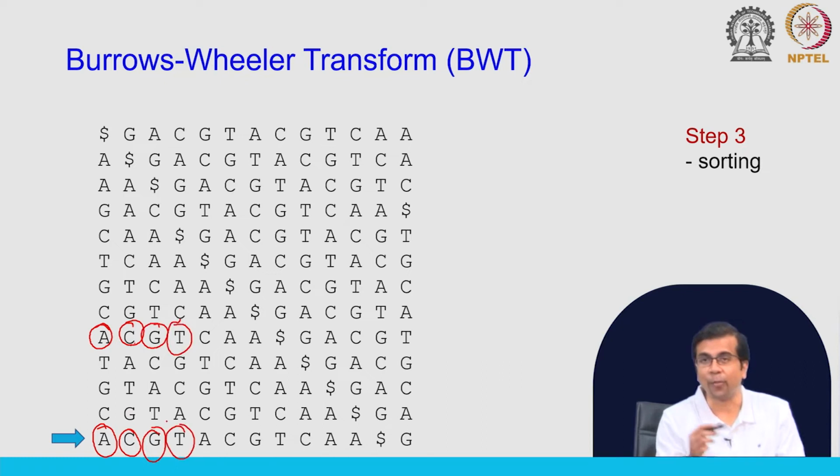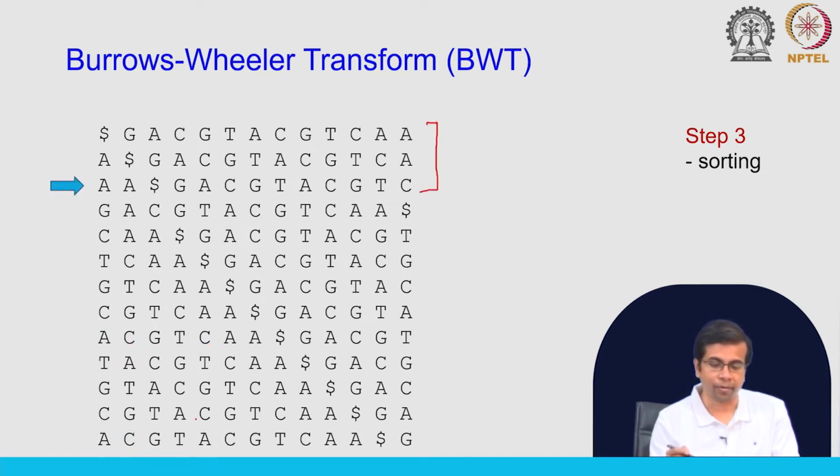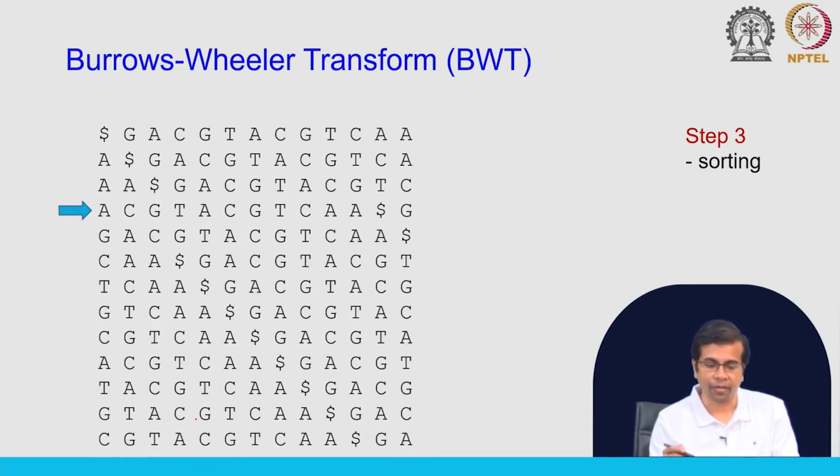So, we keep on going if they are the same: C, G, G, T, T. At the fifth letter we have now resolved this. This one has A, the other one has C. So, the one with A will come. This will be brought up here. So, this part is now sorted, and we have to continue this process.